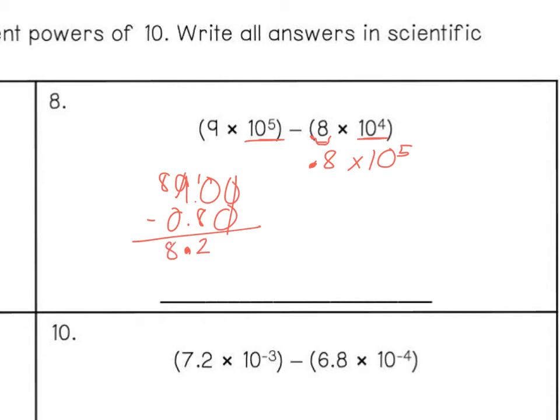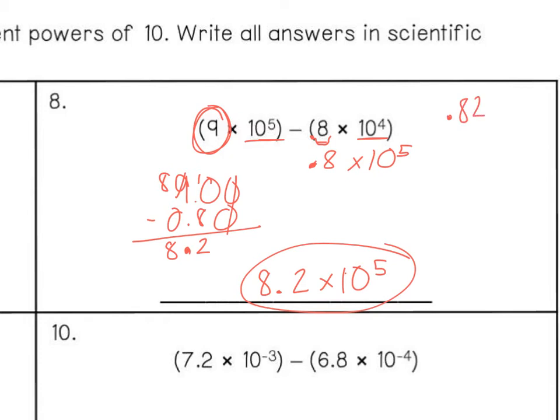So we have 8.2 times 10 to the 5th power. If you were to change this one, you would have to convert it to proper standard notation after, or scientific notation. So you would get 0.82, and you would have to change it 1.